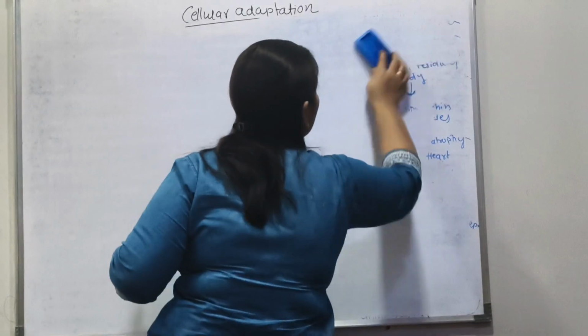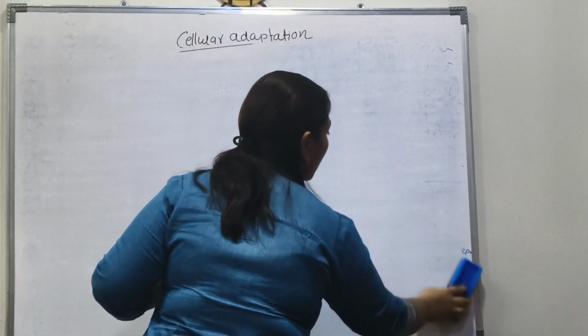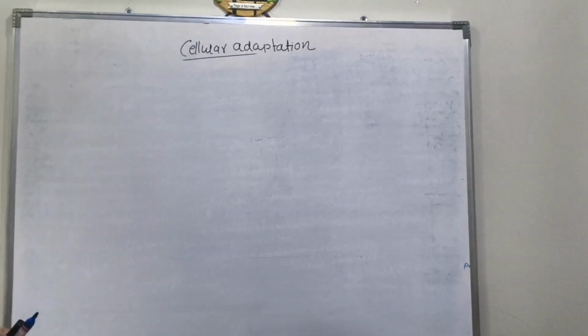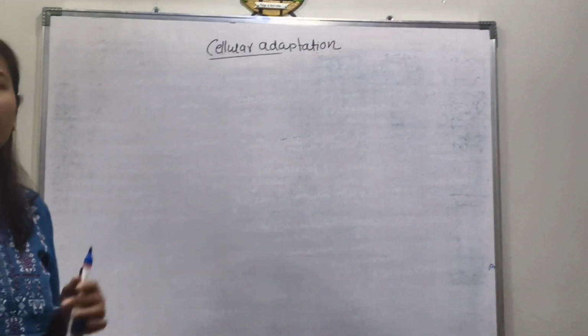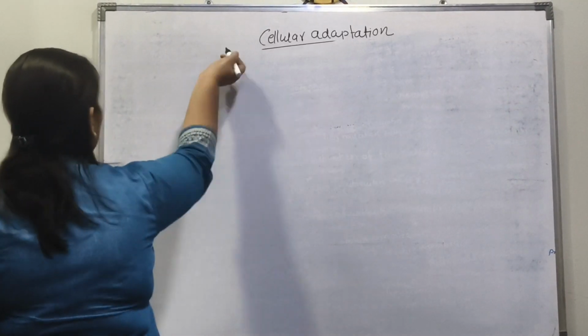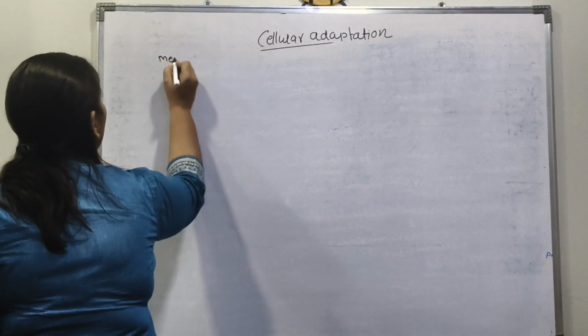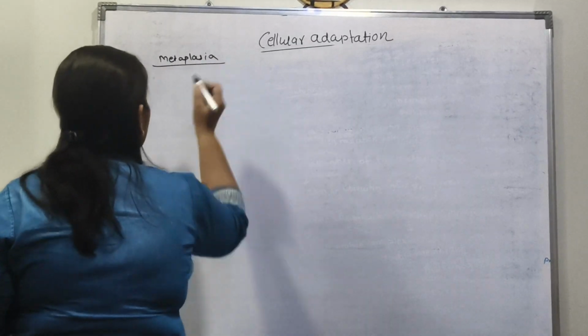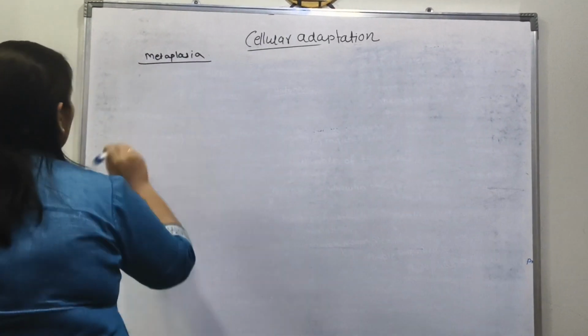Definition of atrophy: reduction in the size of the tissues and organ due to decrease in the cell size, then physiological atrophy, then pathological atrophy, then mechanism. Then coming to the last cellular adaptation, that is metaplasia. What is metaplasia?